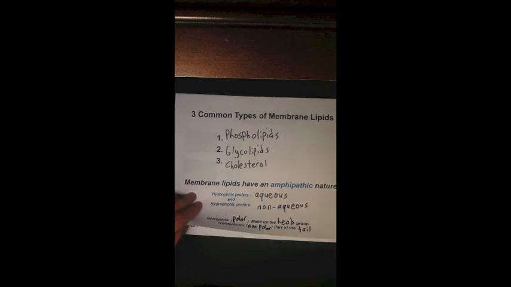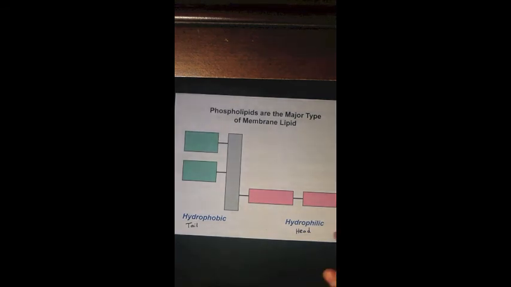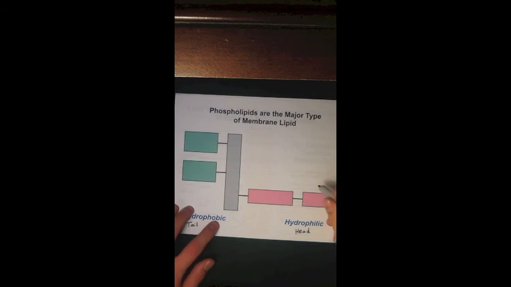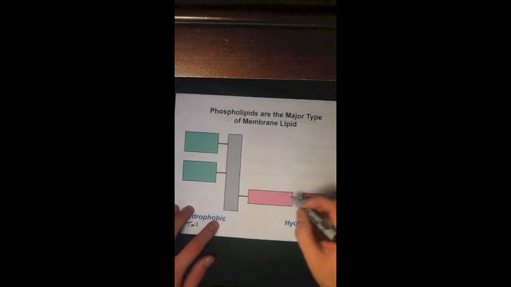So now we're just going to look at the structure of a phospholipid, because those are the majority of the membrane. Now a phospholipid actually has four different parts, even though this only has three colors. This is an alcohol over here, and this is a phosphate group here.